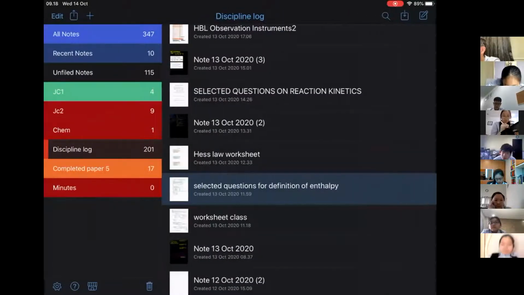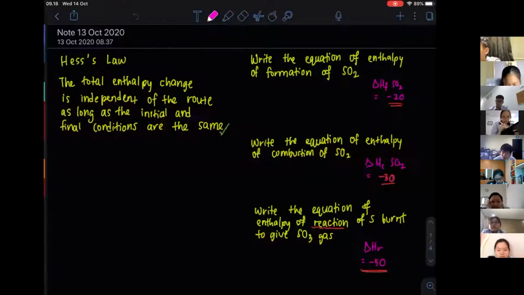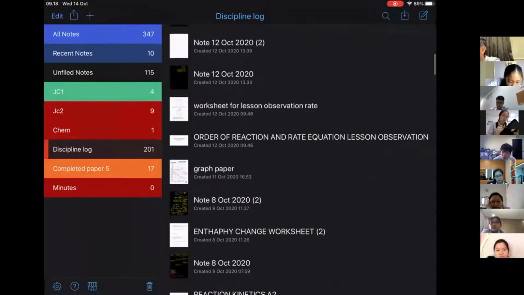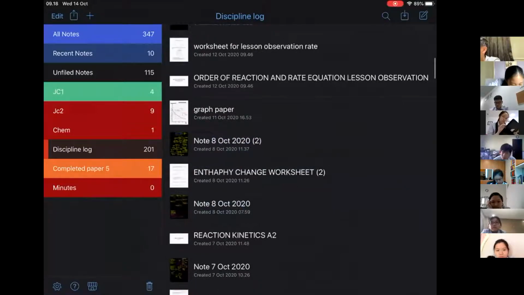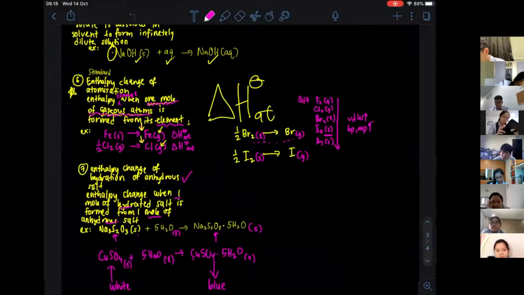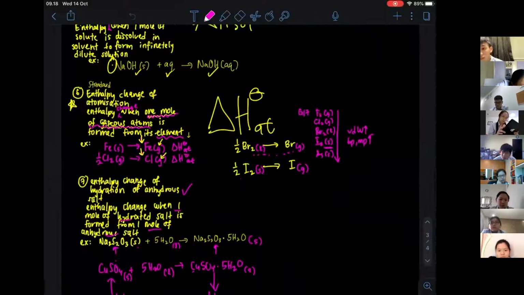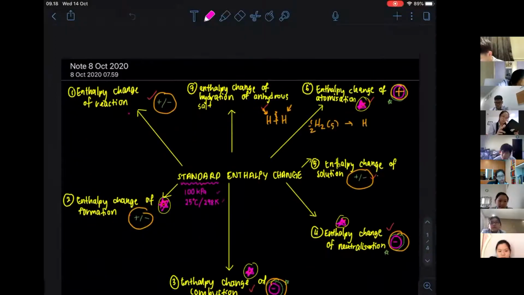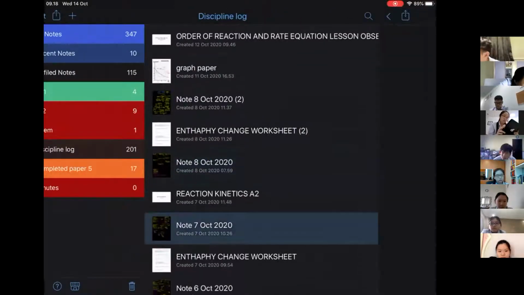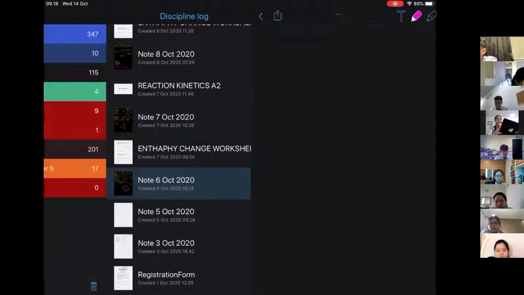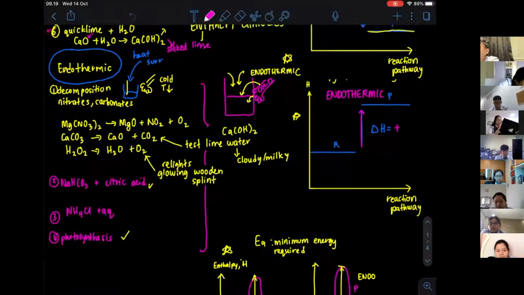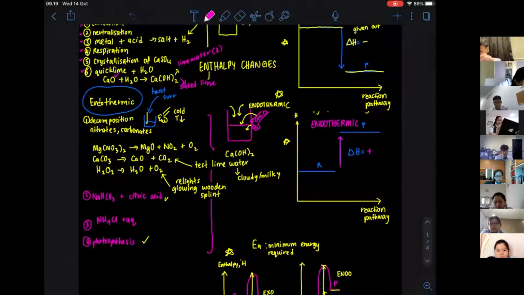Let me see whether I can find the notes. Yeah, I think this one. So you can see any kind of decomposition, this one, and photosynthesis.